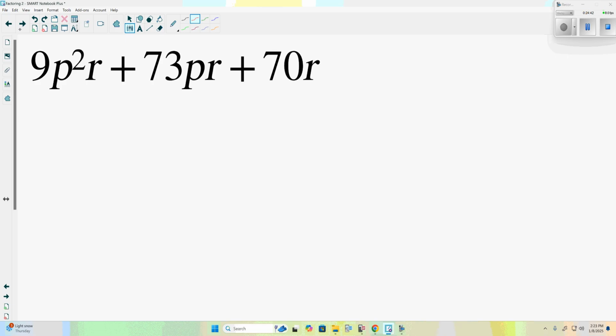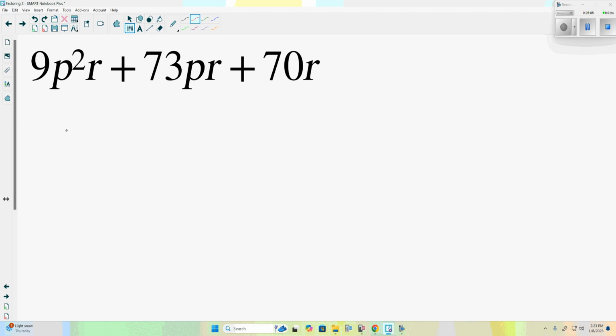9p squared r plus 73p r plus 70r. Is there a greatest common factor between these three? There is, because 9 has a factor of 3. 70 and 73, the question is if they're divisible by 3.